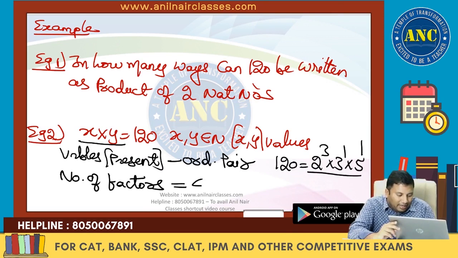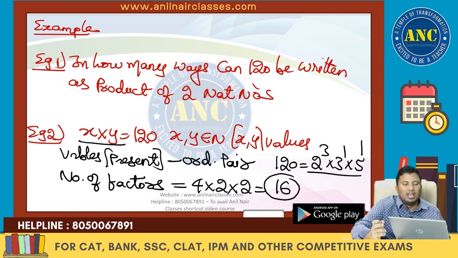Total number of factors is 4 into 2 into 2, 16. This is 16. If variables are present in the question, then it is an ordered pair.